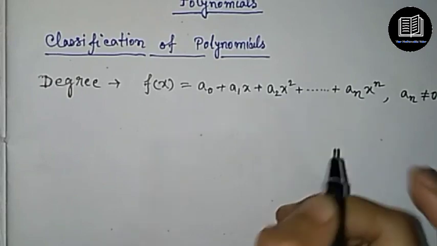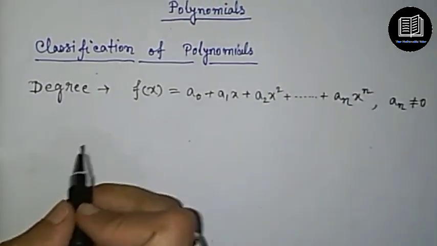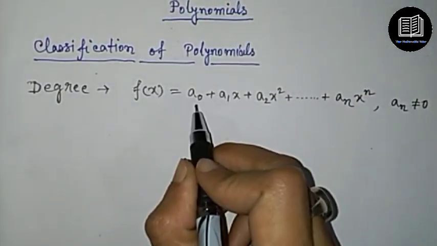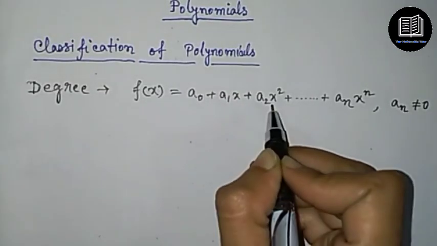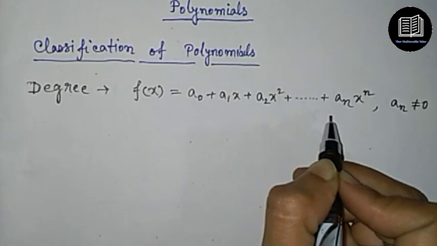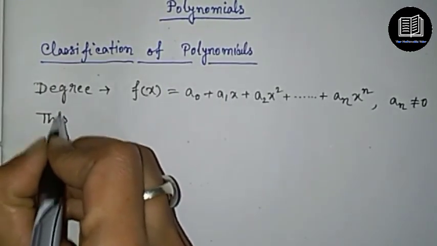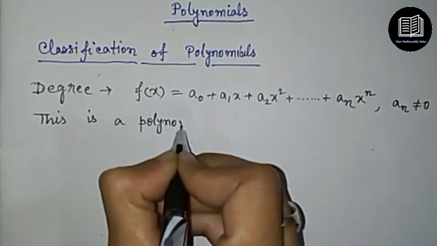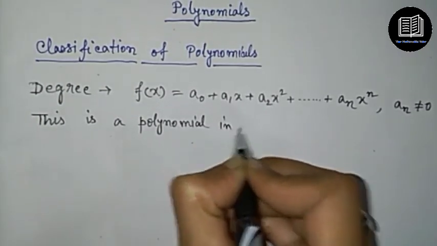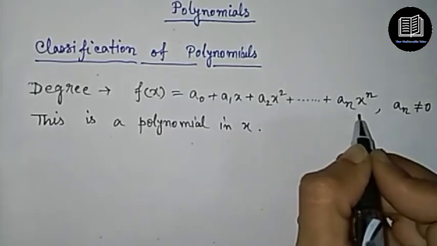First, see what is the variable here. Here the variable is x, only x, right? So this is a polynomial in x, because here the variable is x.